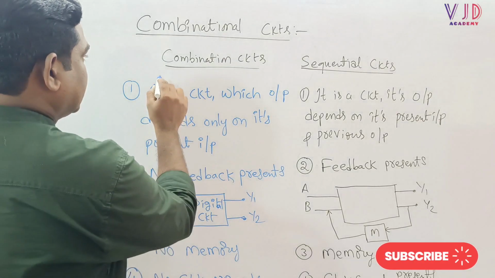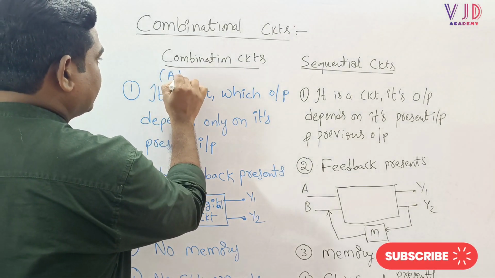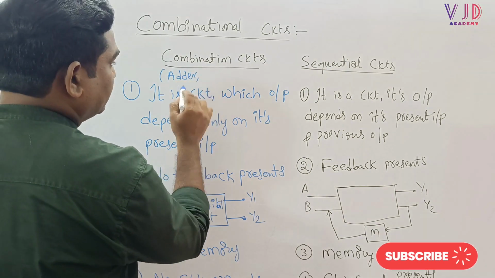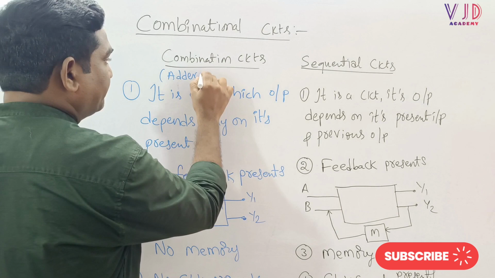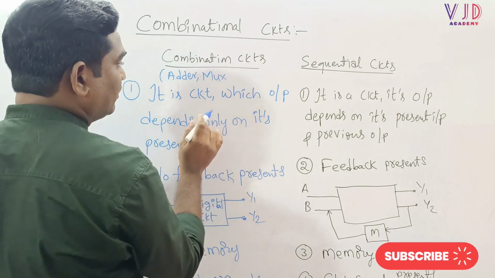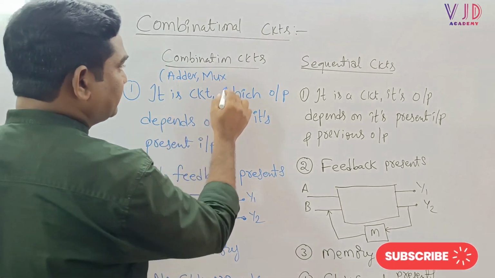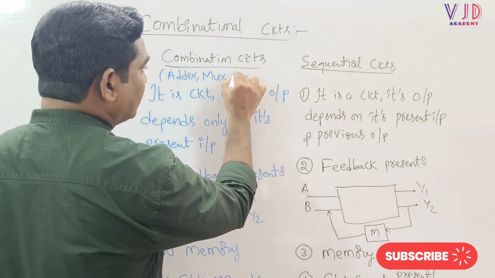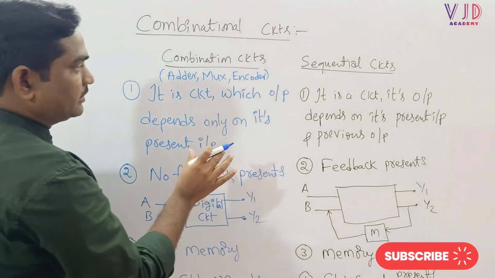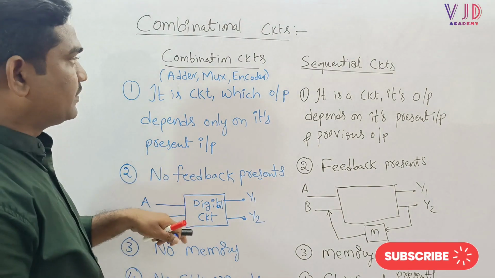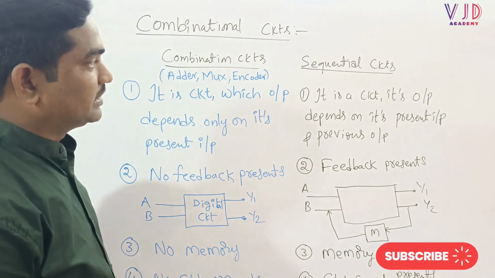Examples of combinational circuits are adder, full adder, half adder, subtractor, and even mux, which we can simply call multiplexer, demultiplexer, and then encoder, something like that. There are 9 to 10 circuits we are going to learn under combinational circuits.